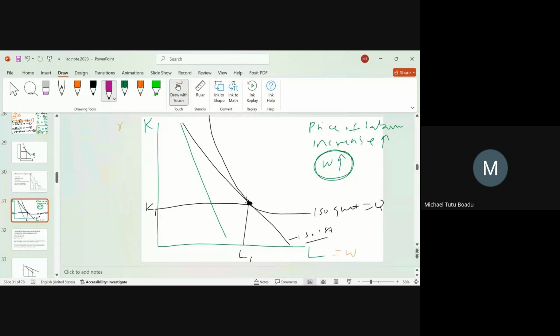It depends on whether labor and capital are substitutes, or whether they are normal inputs or inferior inputs. If labor is a normal input, then even as the price of labor increases, the firm will still hire more labor.